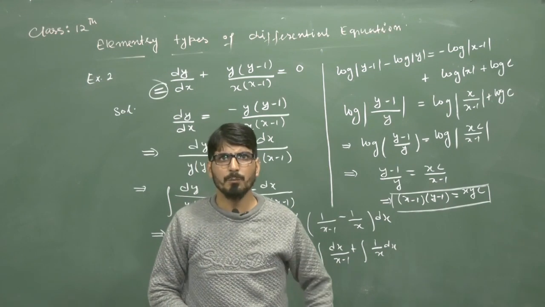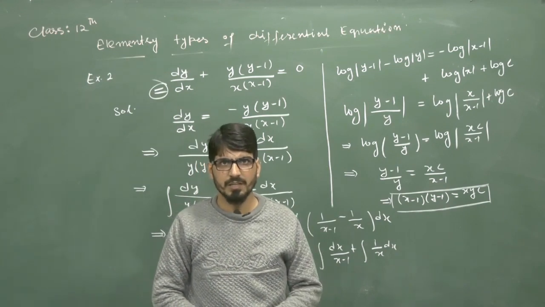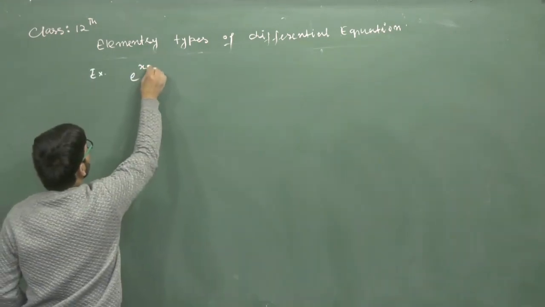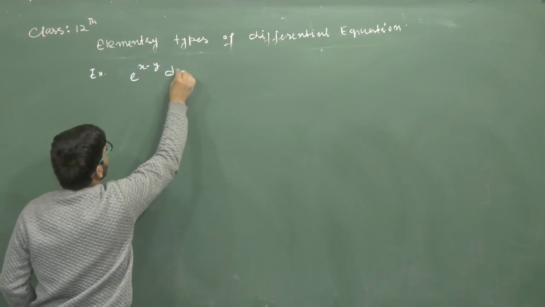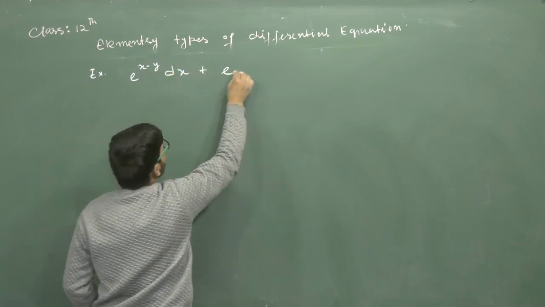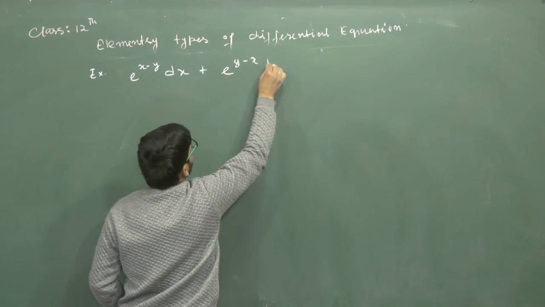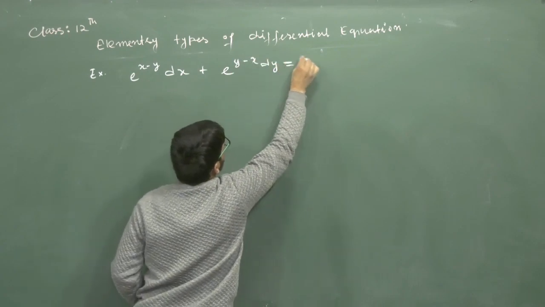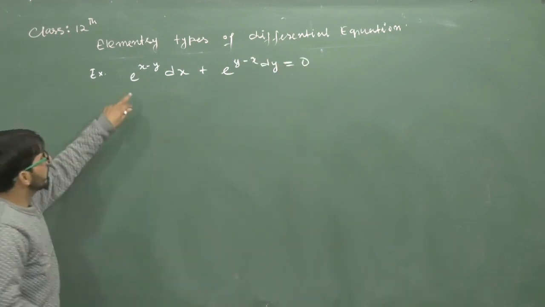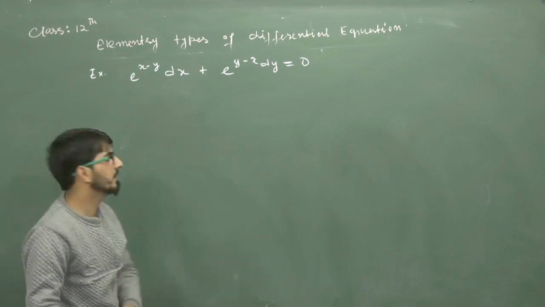Let's do example number 3 for the same concept. e raised to power (x - y) dx plus e raised to power (y - x) dy is equal to 0. So we have to solve this differential equation.